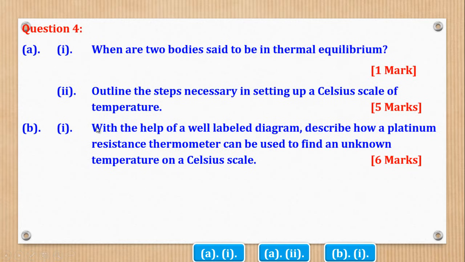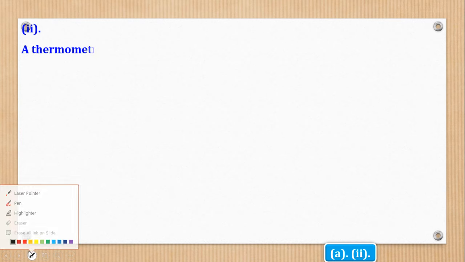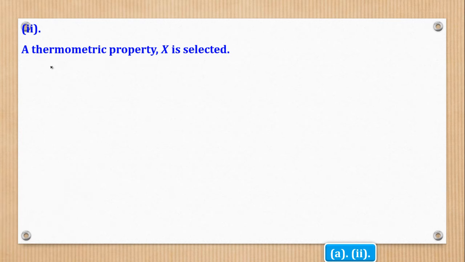Then now we shall go to Roman 2. Roman 2 says, outline the steps necessary in setting up a Celsius scale of temperature. They just told us to outline, not to describe. So we shall come and say, a thermometric property is selected. You need to know the thermometric property. For example, for a constant volume gas thermometer, thermometric property was pressure over fixed mass of a gas at constant volume.